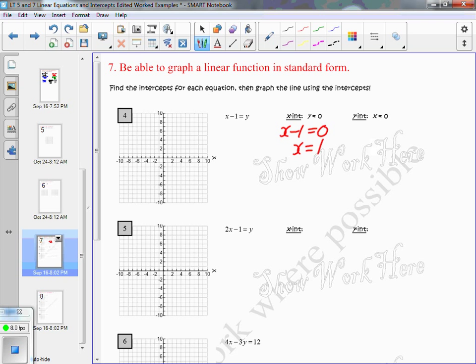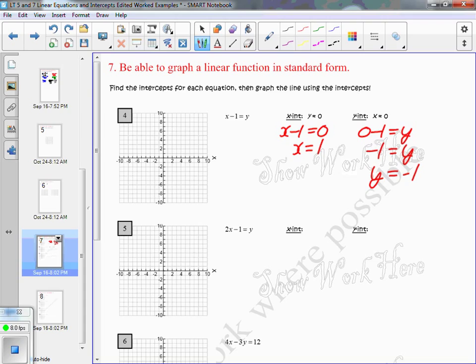To get the y-intercept, replace x with 0. So that'd be 0 minus 1 equals y. So negative 1 equals y. Or better yet, y equals negative 1, right? All right. Now that you've found the x-intercept and the y-intercept, go to your graph paper.